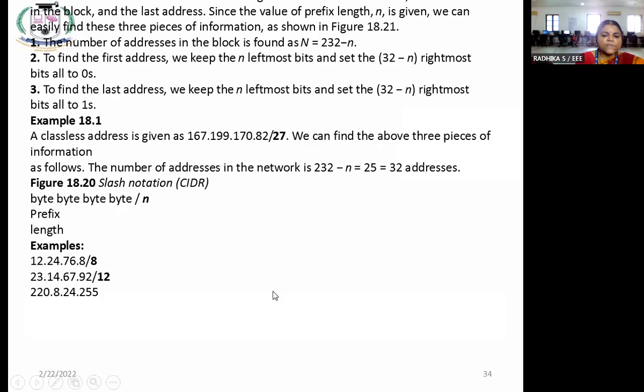This 8 represents the first byte, which means it's similar to class A. So it is the first byte that is used to represent the prefix or net ID, and the rest of the bits are used to represent the suffix or the host ID. Here it is 12. It means 12 bits are used to represent the prefix, and the rest, 32 minus 12, 20 bits, are used to represent the suffix or the host ID.